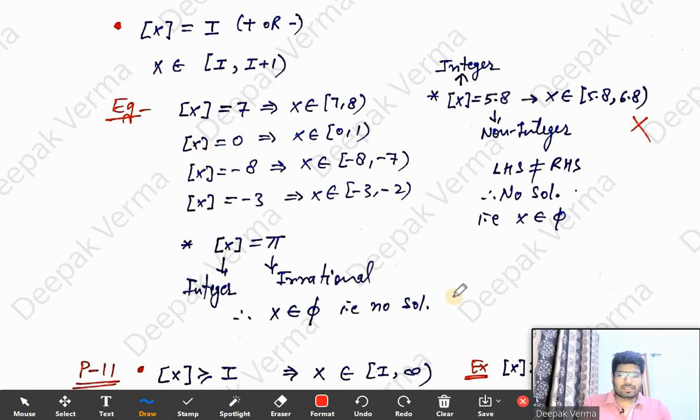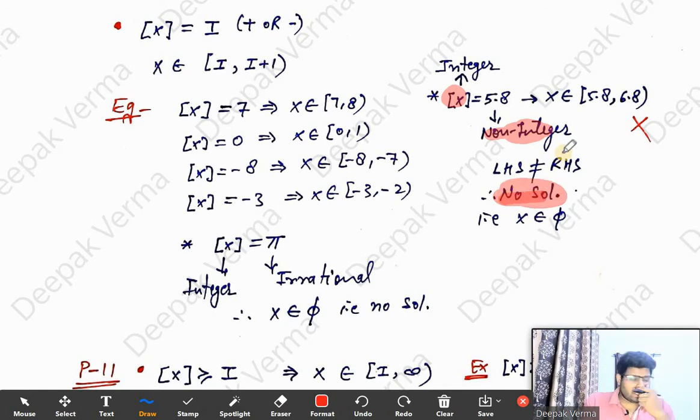So in this case, since we know that the outcome of box x is an integer and we are writing box x equals to a non-integer, here the answer will be no solution. Because box x is an integer and this is a non-integer. An integer can never be equal to a non-integer. So in this case the answer will be no solution.